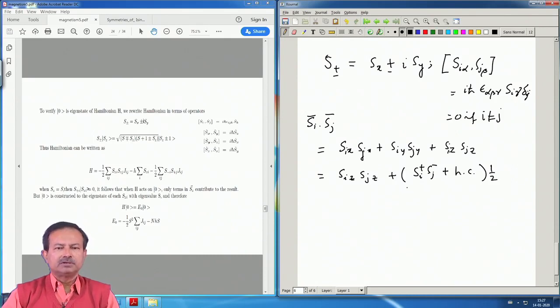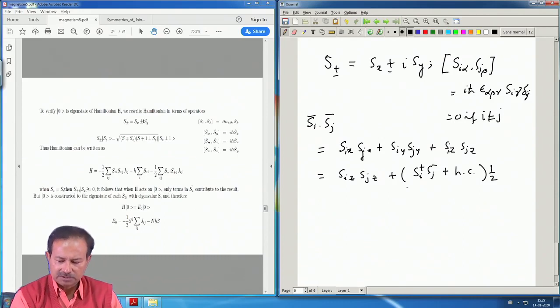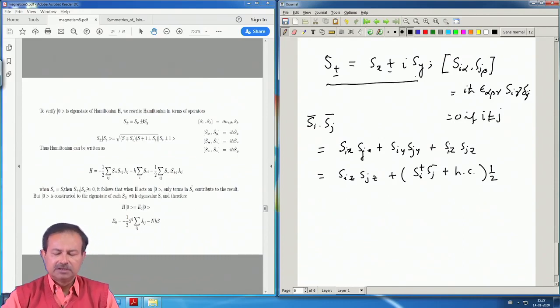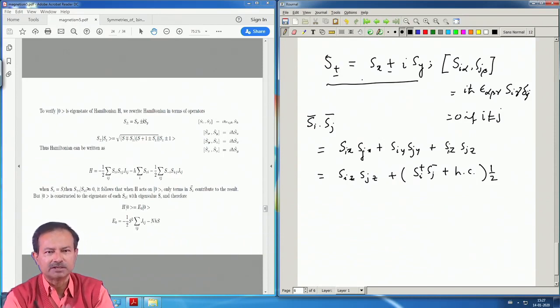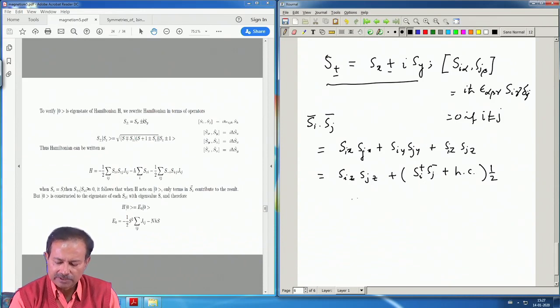You can show this easily: write S as this, which is just the Hermitian conjugate of this operator, then just take the product and do the algebra, and you will find that this reproduces these two terms.